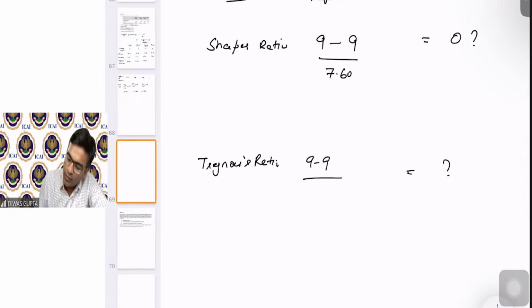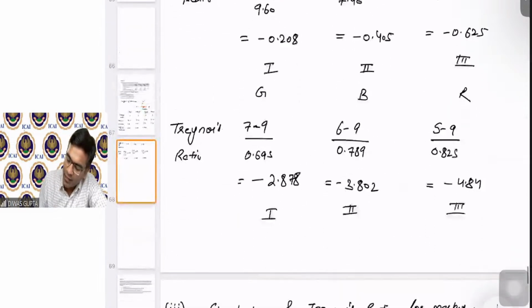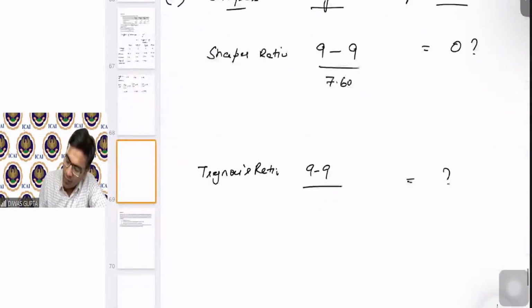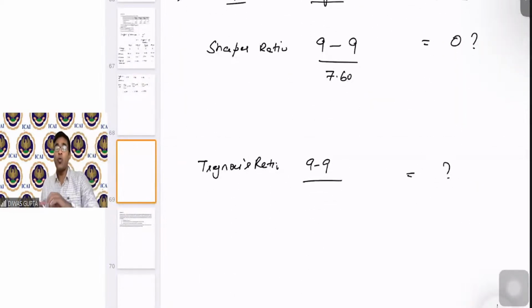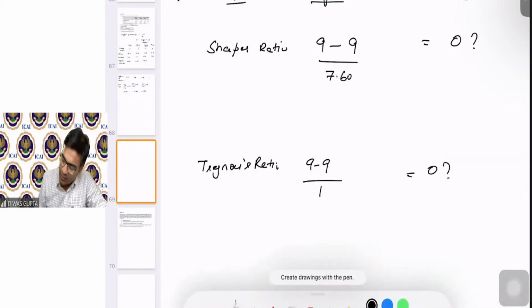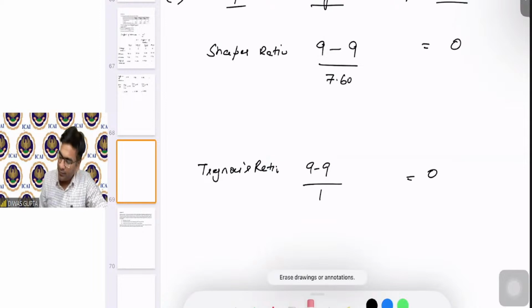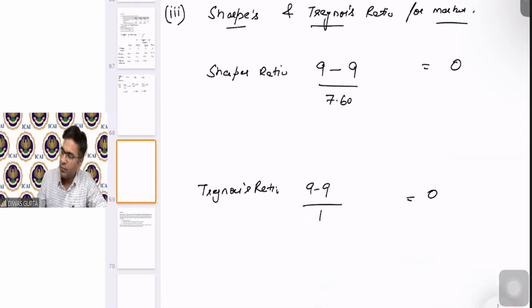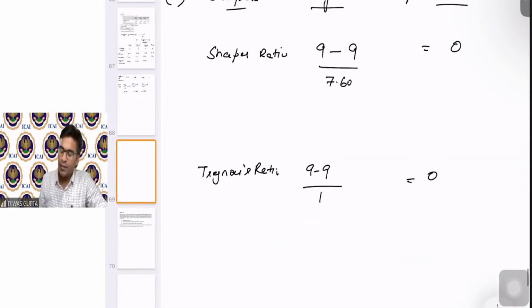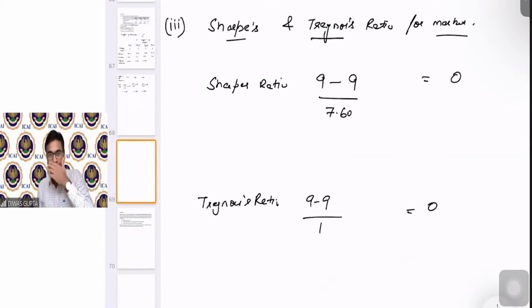Similarly, Treynor's ratio: 9 minus 9 divided by what is the beta? Beta of market. Okay, now wonderful. Tell me what is the beta of market, students? We have not been given in the question what is beta of market. Beta of market is 1. Hence, this will also be 0. Okay. I hope this is clear.